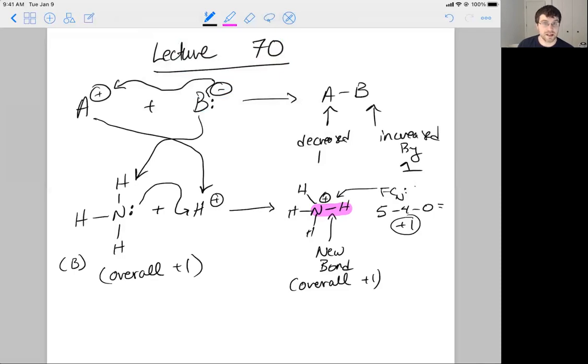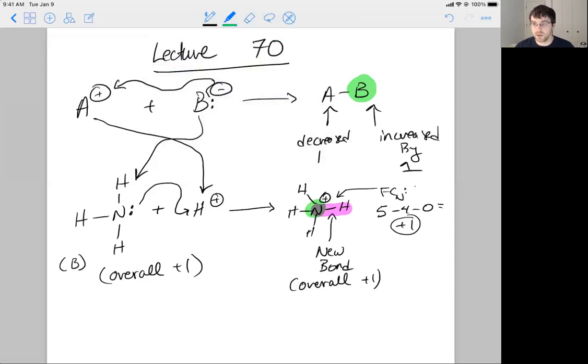Okay, so anyway, we had a neutral base, a neutral molecule that interacted with our positively charged hydrogen, and that went to a +1 overall charge on the molecule A and B. Now, that still actually fits with our B up here. And B up there, the charge increased by 1. It went from -1 to 0, and down here, we're increasing from 0 to +1, still just an increase of 1. So practicing this and seeing the patterns that form as you form covalent bonds will be really helpful.